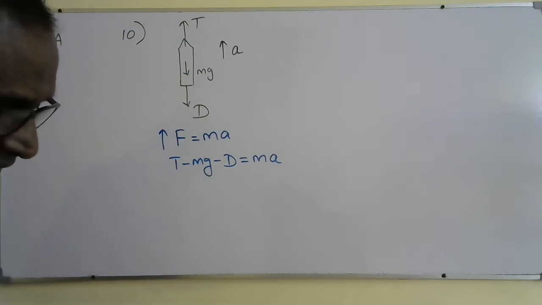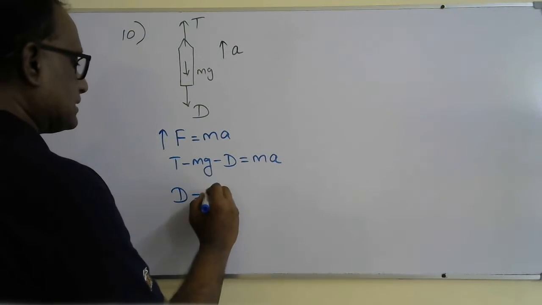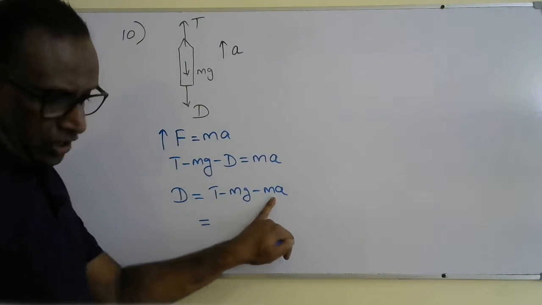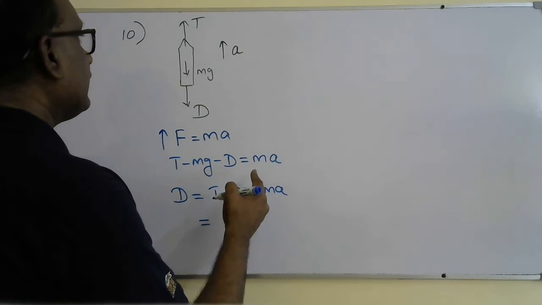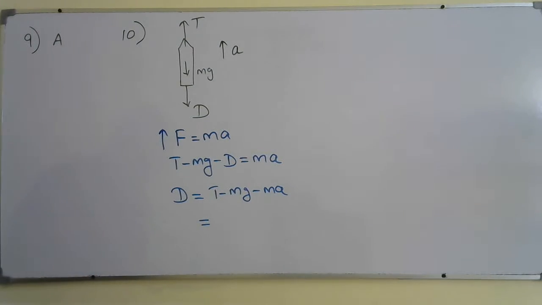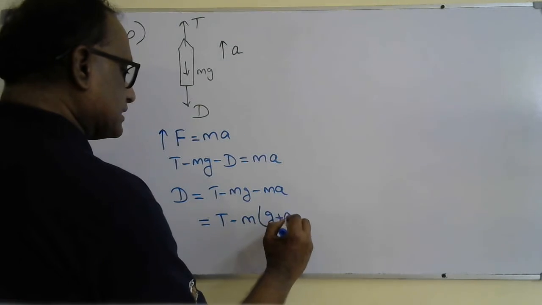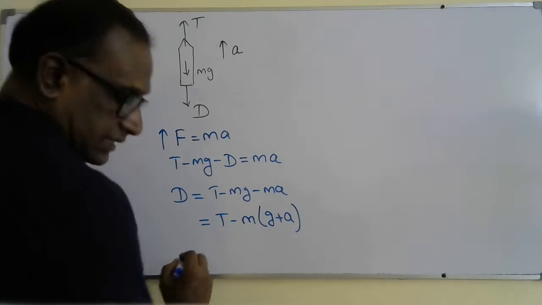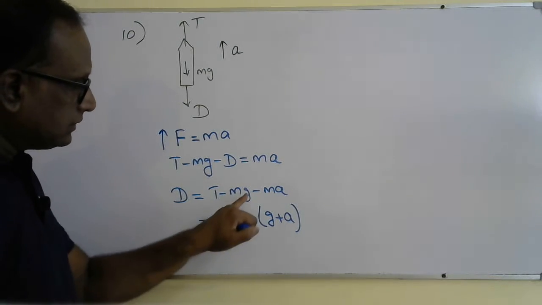So we need to make D the subject. Bring this to the right, bring this to the left: D is equal to T minus mg minus ma. Take m common, so D equals T minus m times (g plus a).